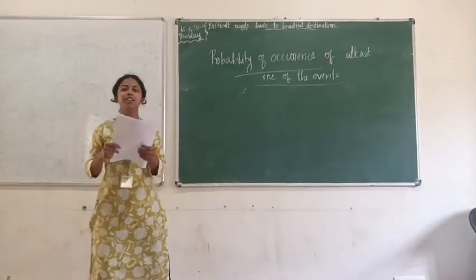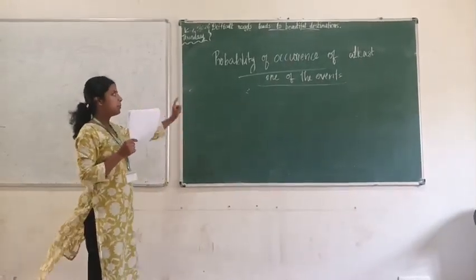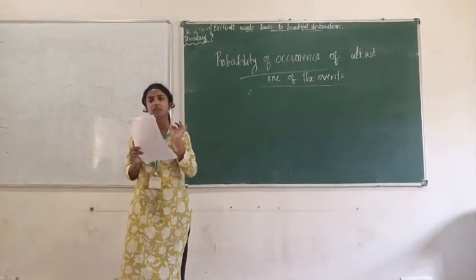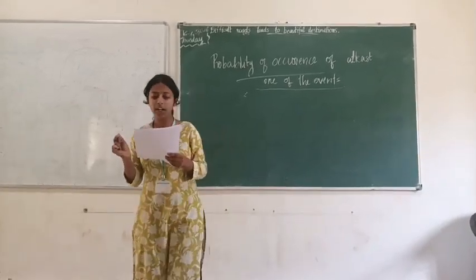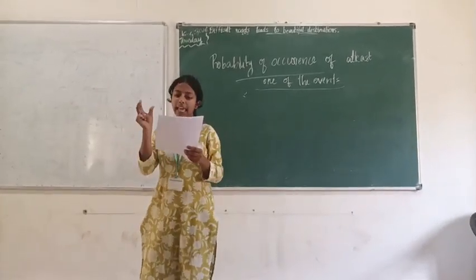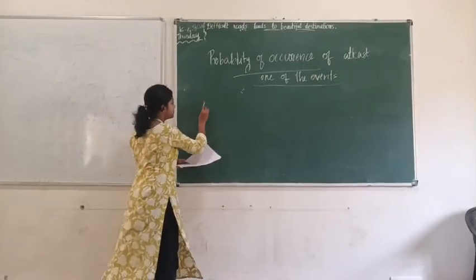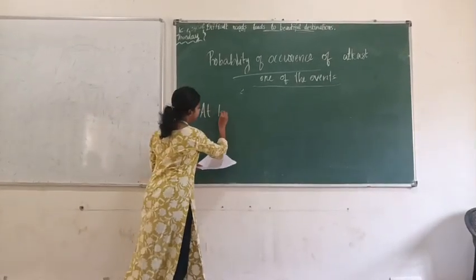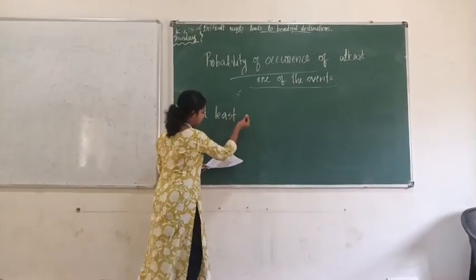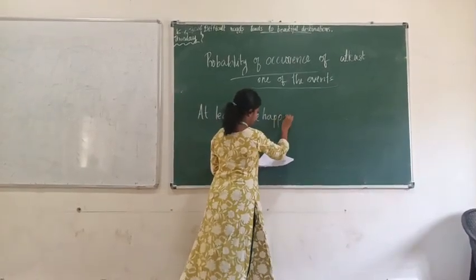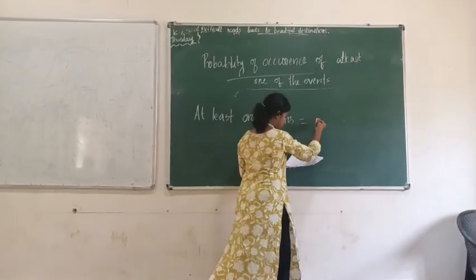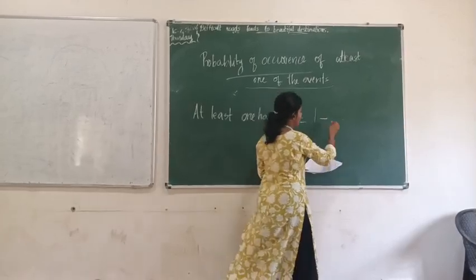Good afternoon. Today we are going to discuss the topic: probability of occurrence of at least one of the events. The probability of occurrence of at least one of the events is found by using an idea that is, the probability that at least one happens is equal to 1 minus none of them happen.